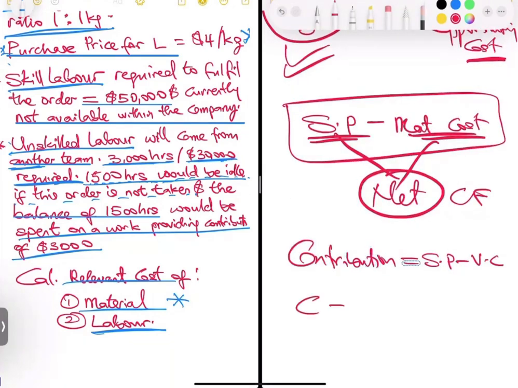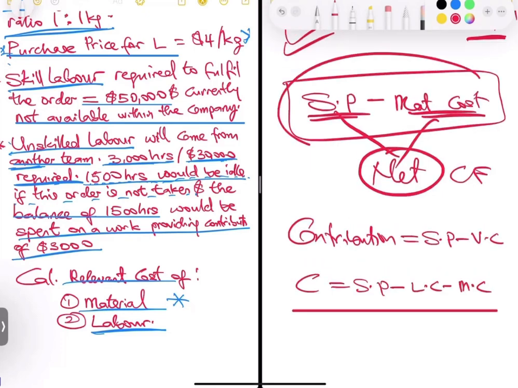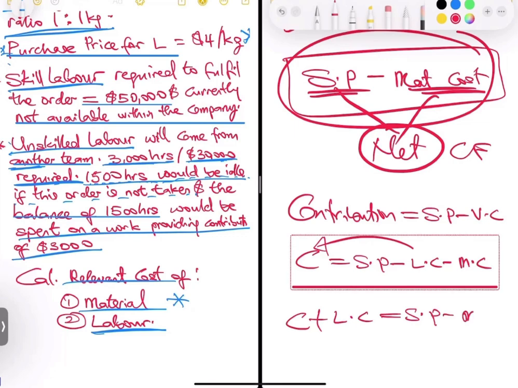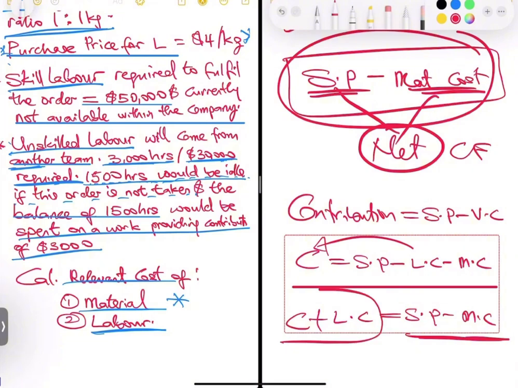So your contribution is equal to selling price minus labor cost minus material cost. Do you agree with this? And you are looking for selling price minus material cost. So if you want to get selling price minus material cost, what does the formula turn to? It means that labor cost has to come in. So contribution plus labor cost equals selling price minus material cost. Even though the question has not given you this information directly, have they given you this information?